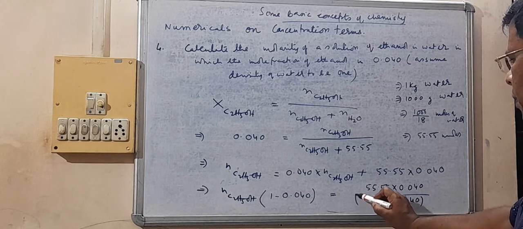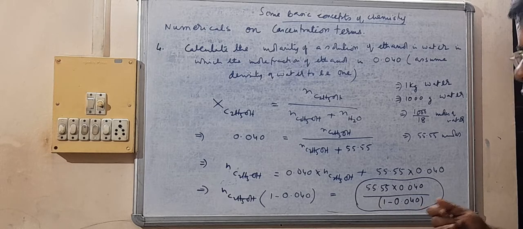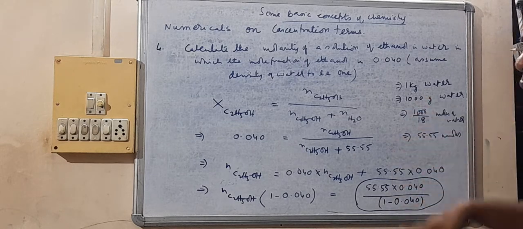So this will be the moles of ethanol present in 1 kg of water.